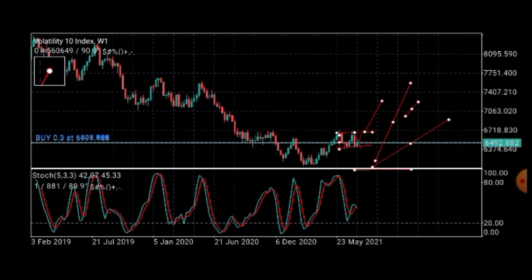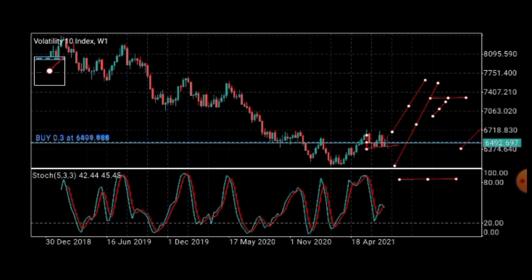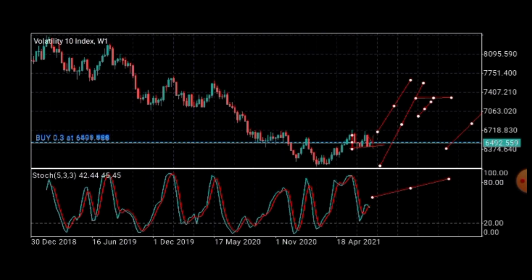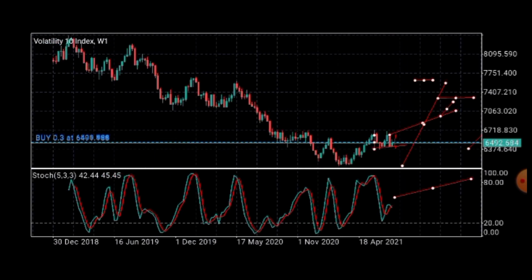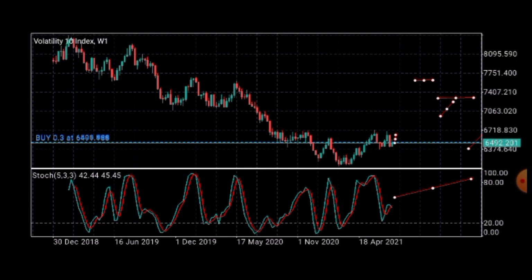Okay, I think I need to just remove them individually. All right, so I'm looking at the chart in 1 hour time frame. Okay, I'm just trying to clear all this.